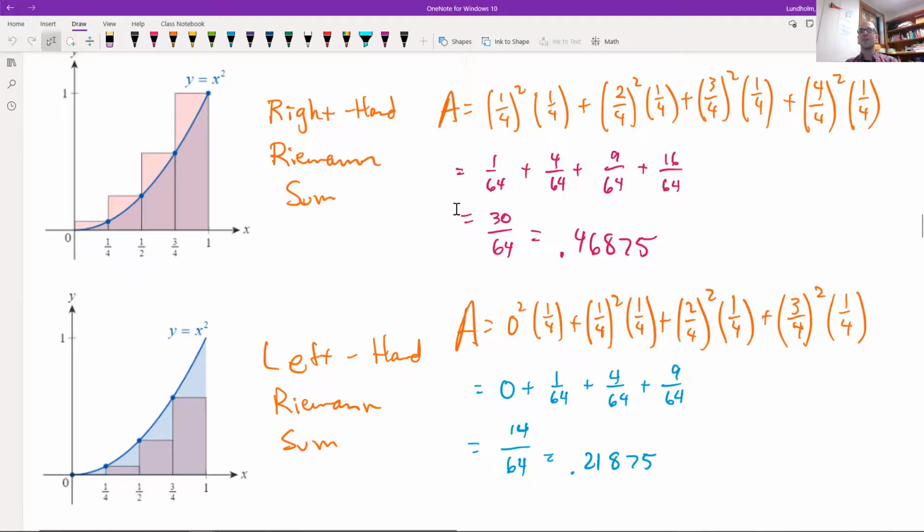So the right hand Riemann sum on the interval from 0 to 1, we're always multiplying by some change in x values. This 1/4 is just the length of our interval in the x direction. And then we're always multiplying by the function evaluated at some sample point.